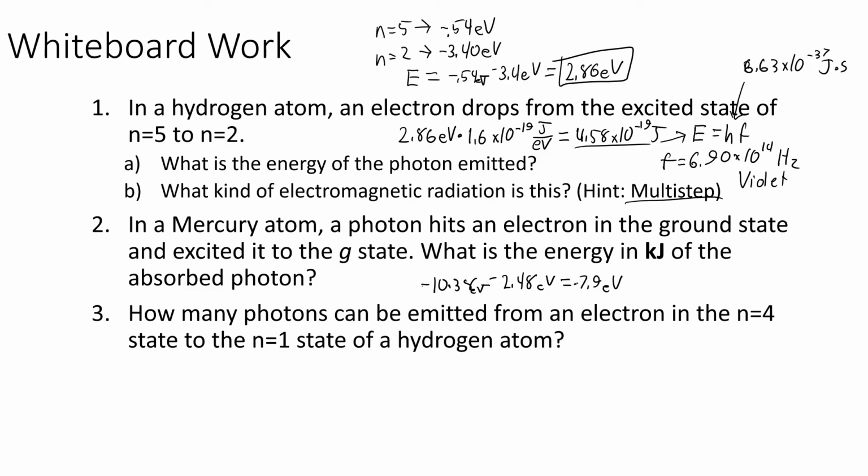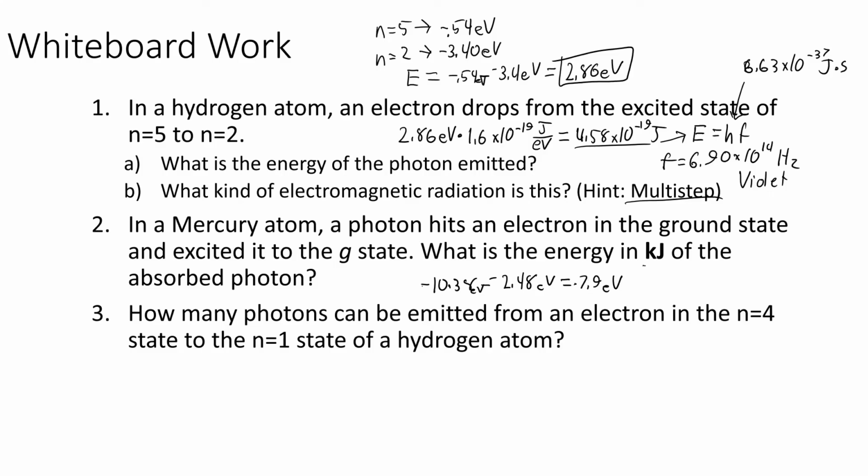And this is a negative 7.9, and all that stands for is that's the energy that's essentially going into the mercury atom versus being released from the mercury atom. So this 7.9 electron volts is the corresponding energy of the photon.